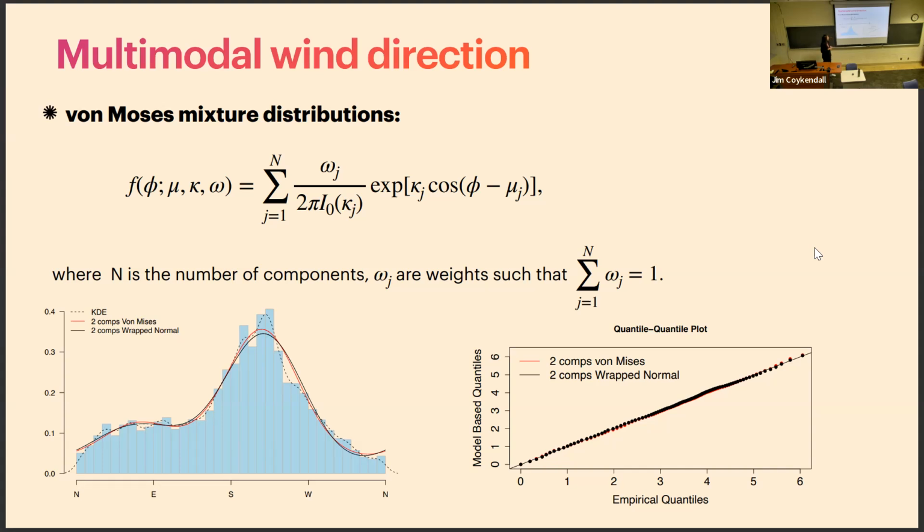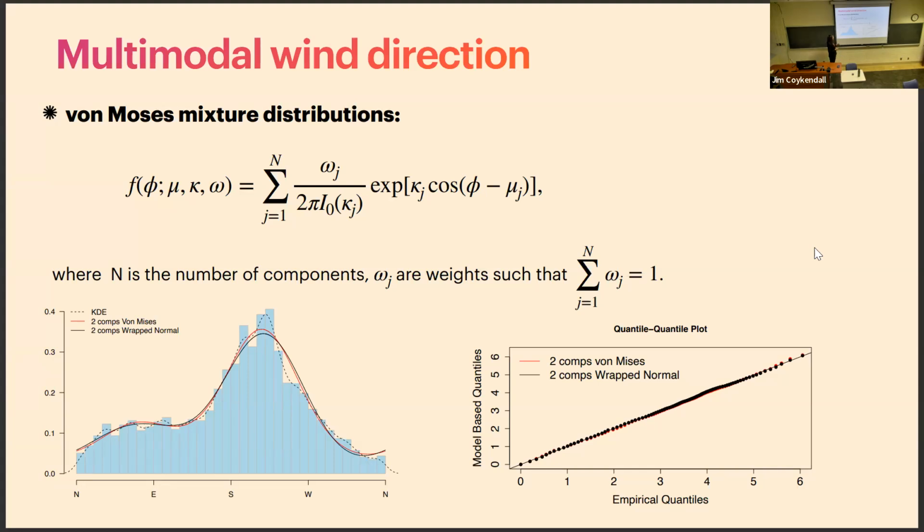To show you again about fitting multimodal wind direction data with a mixture distribution, we plotted some wind direction data that is measured at the same location as the wind speed previously shown, but this data is from the month of January.